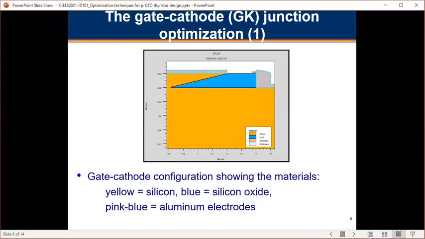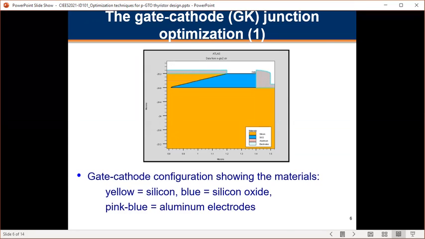In this picture, we have the structure for the gate-cathode junction. We can see the materials in the device: yellow is silicon, the basic semiconductor material.